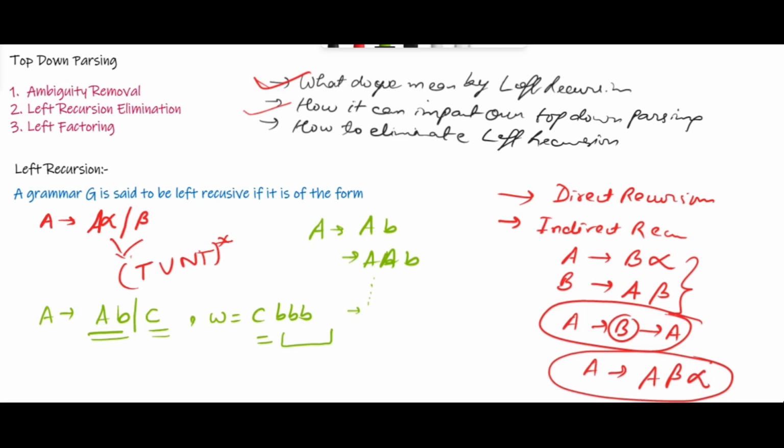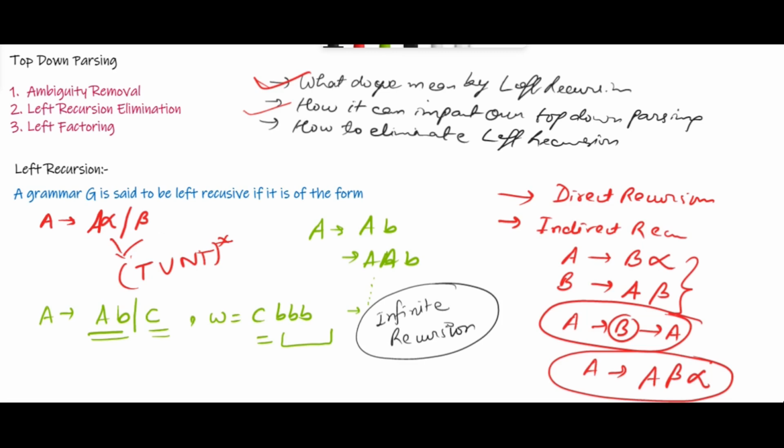This can be a hurdle to the top-down parser because it is not able to identify whether this A needs to be terminated or to be replaced by the same left recursive production. This kind of scenario creates a problem with your top-down parsing, and this problem is known as infinite recursion.